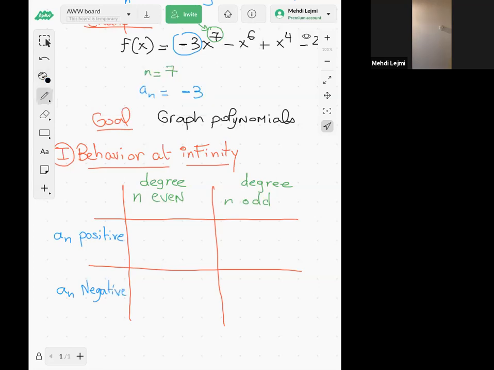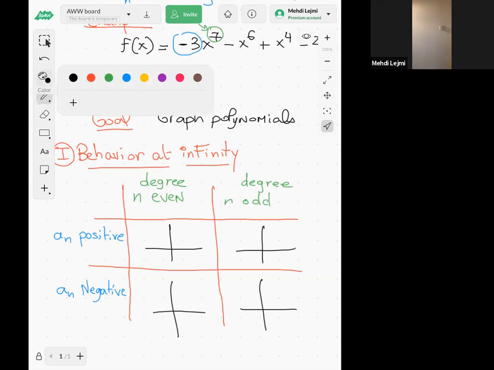If you want to graph a polynomial, the behavior at infinity depends on the degree and on the sign of the leading coefficient. When the degree is even and the leading coefficient is positive, the graph would look like this. When degree n is even and the leading coefficient is negative, here will be our graph.